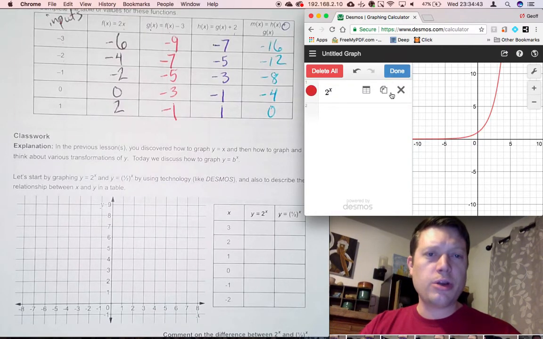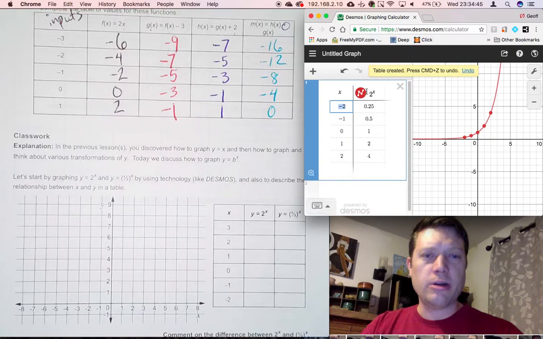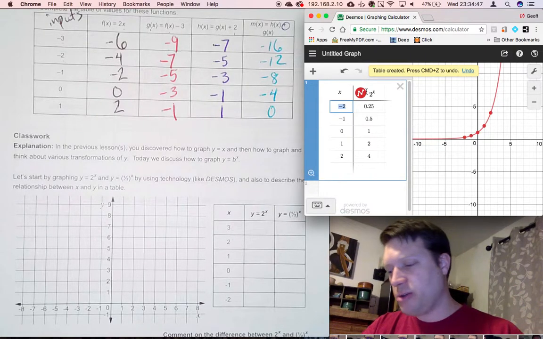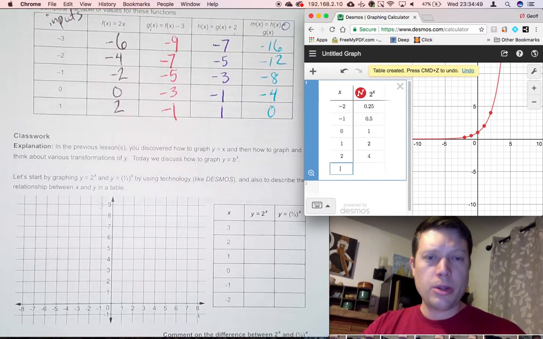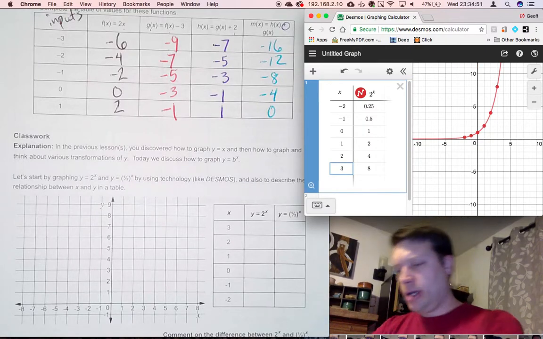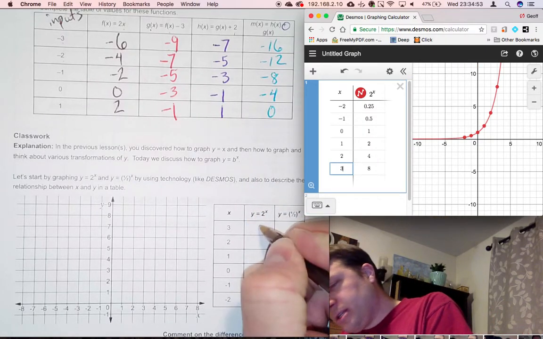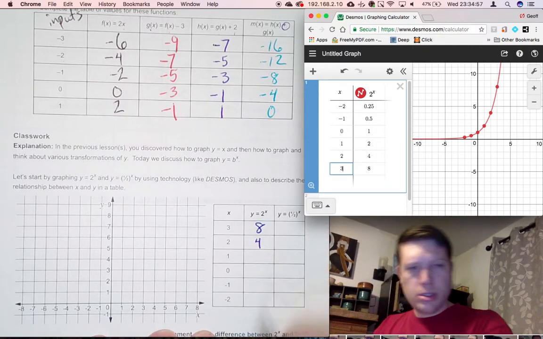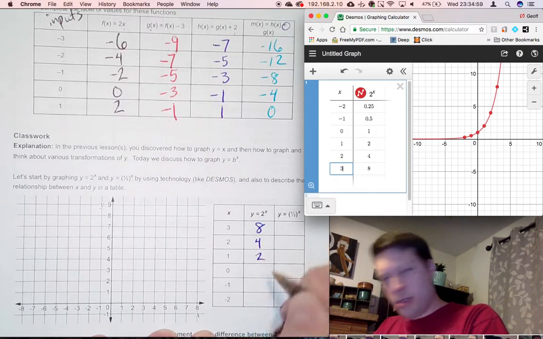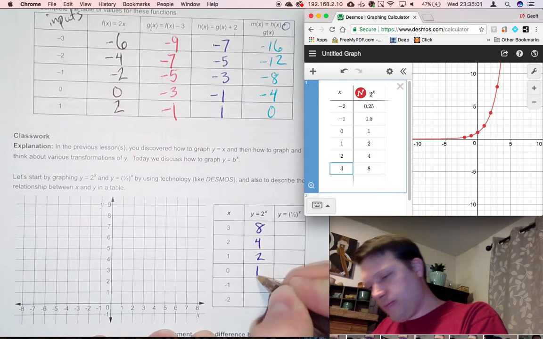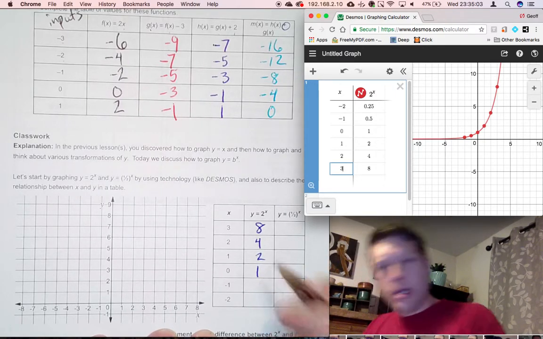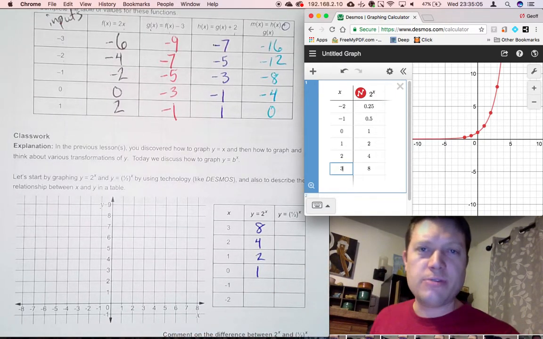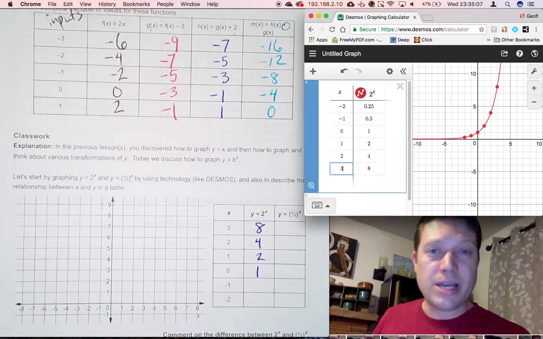If we wanted to create a table of values, clicking on the gear and clicking on table brings up the table of values. Going from 3 at 8 to 2, to 1, to 0, to negative 1, Desmos gives you the value in decimal form.